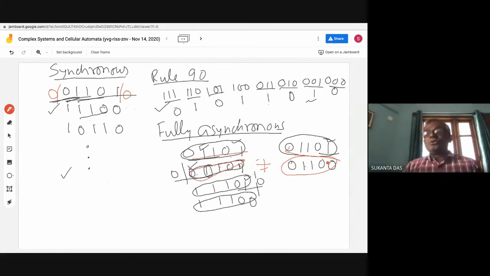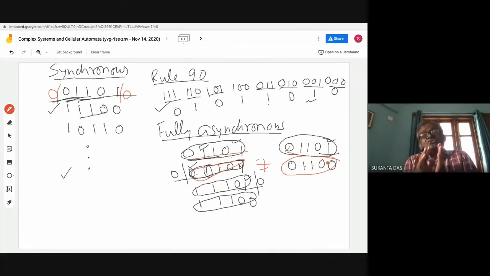So therefore, my evolution depends not only on the rule, but also on which cell is updated when. That independence property additionally tells you which configuration will go to what configuration.